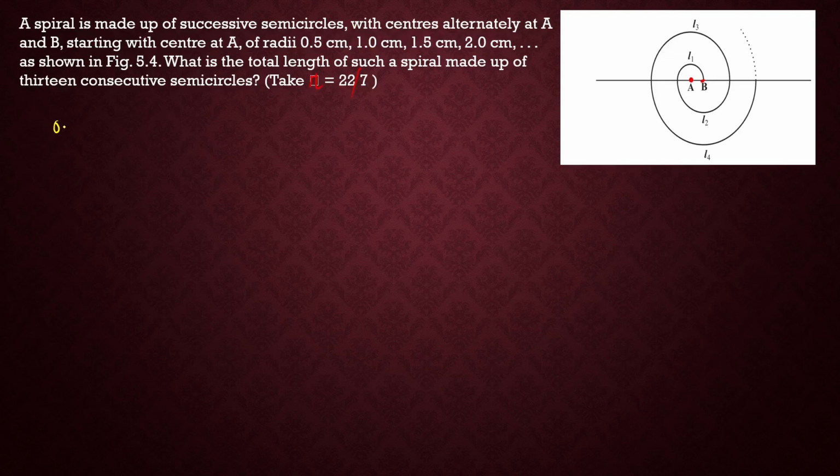So the radii increase this way: 0.5, 1 centimeter, again 1.5, 2, 2.5, and it goes on up to 13 consecutive semicircles. Now, they have asked you to find the length of the total one. But let me first find the length of the first semicircle, L1.